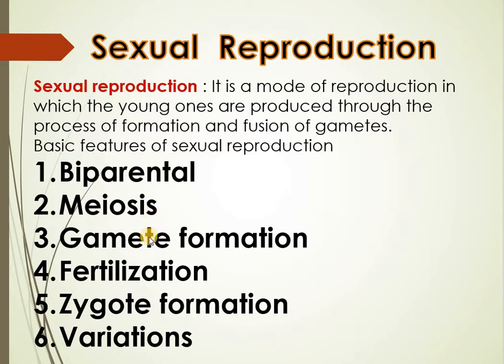Next, we talk about gamete formation, which is also a basic feature of sexual reproduction. The reproductive cells or sex cells that take part in sexual reproduction are the gametes. In lower organisms with simple body designs, gametes are generally similar.